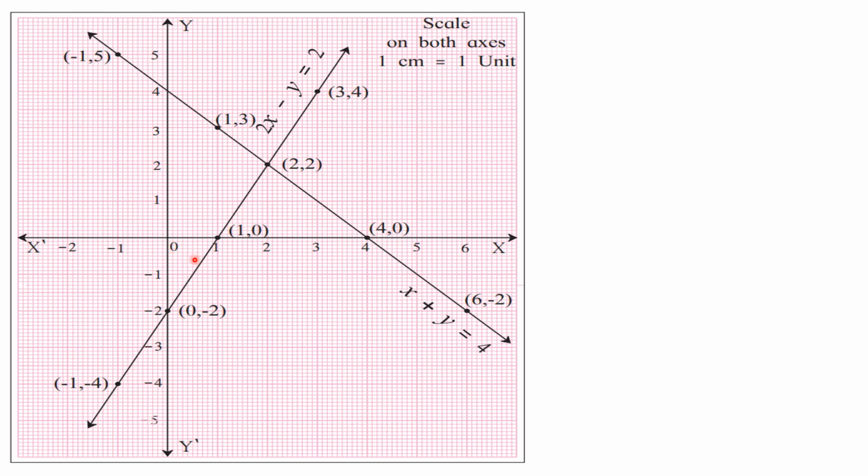Now, if the point lies on x-axis, like you can see the 2 points here, then its y coordinate is 0 always. And when the point lies on y-axis, its x coordinate is 0. So the coordinate of a point on x-axis is always in the form of a comma 0, where a can be any number from here.